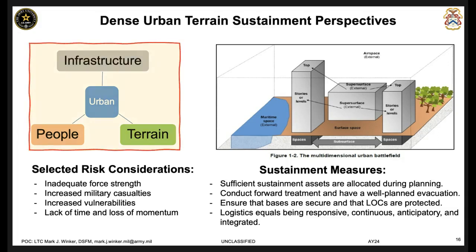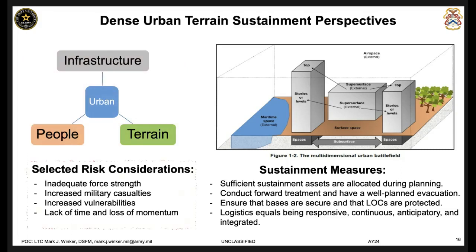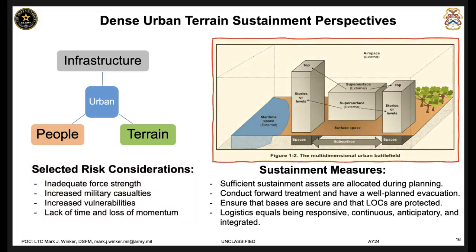A set of risk considerations is listed, including inadequate force strength, increased military casualties, vulnerabilities, and time constraints. Adjacent to this is a diagram illustrating the multi-dimensional urban battlefield, including subsurface, surface, supersurface, and airspace layers.